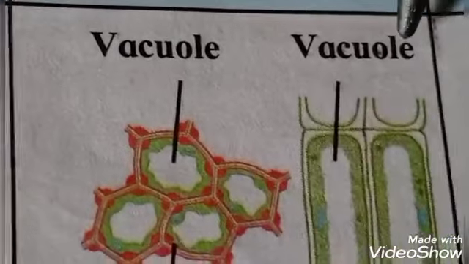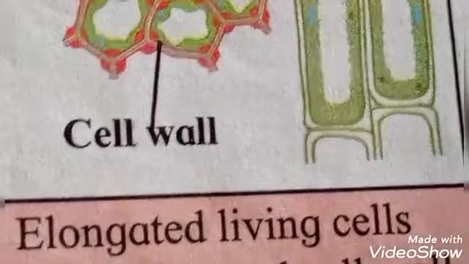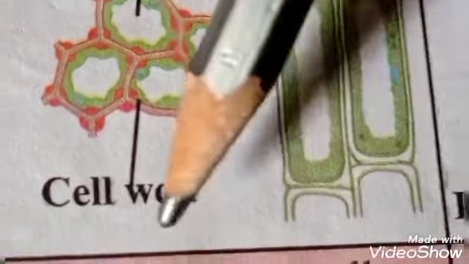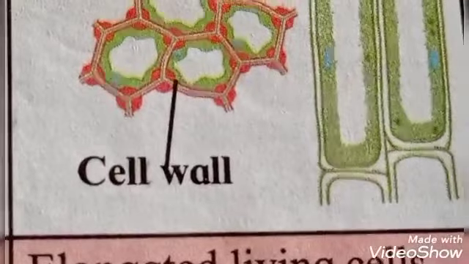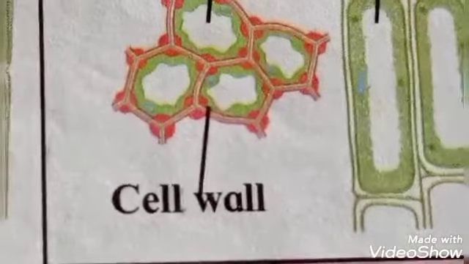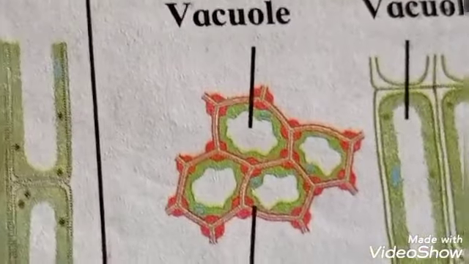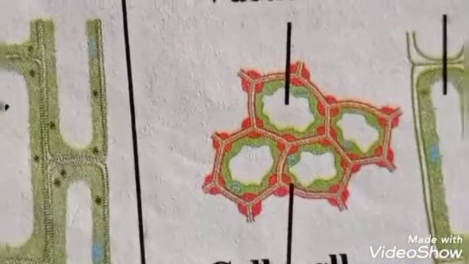Second is collenchyma. Vacuoles and cell wall are present in the collenchyma tissue. The structure is elongated living cells with a thickened cell wall at the corners due to cellulose and pectin.